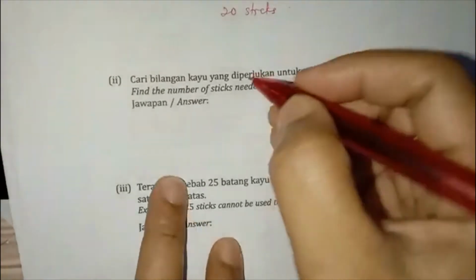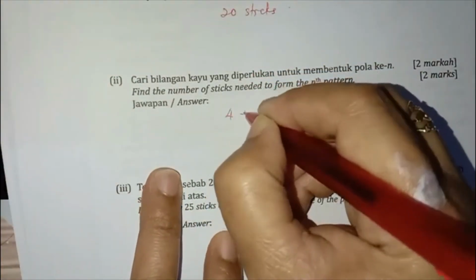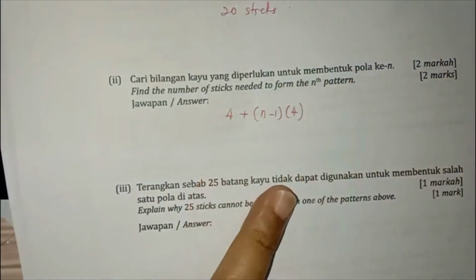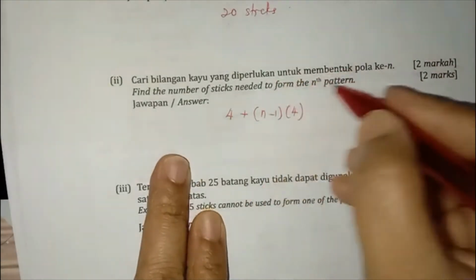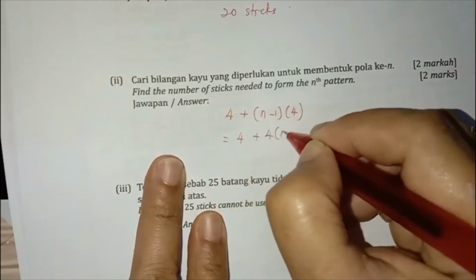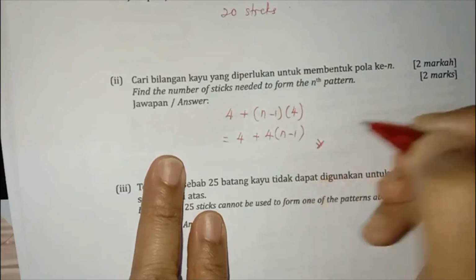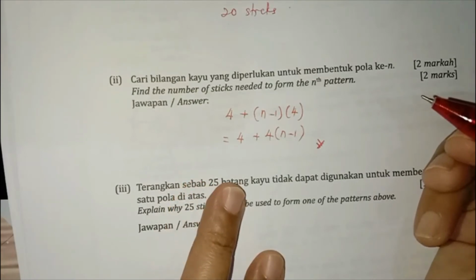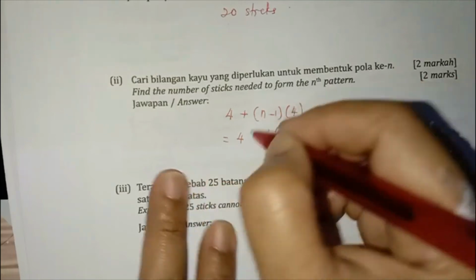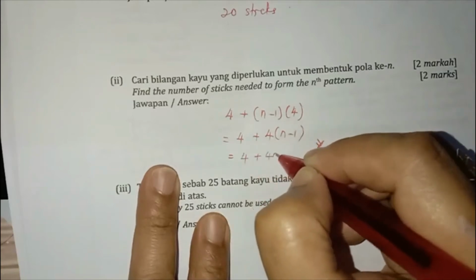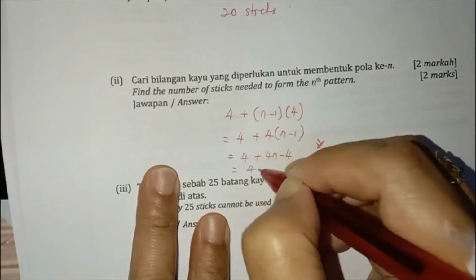So we get 4 plus n minus 1 times 4, which is 4 plus 4n minus 4, meaning 4n.